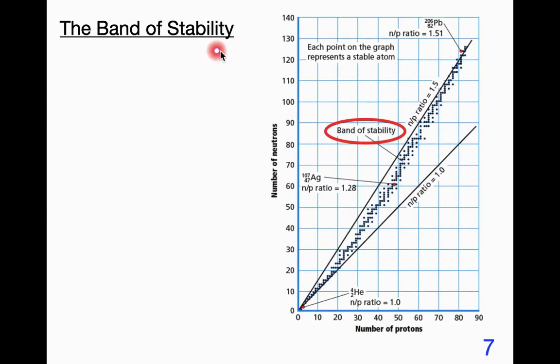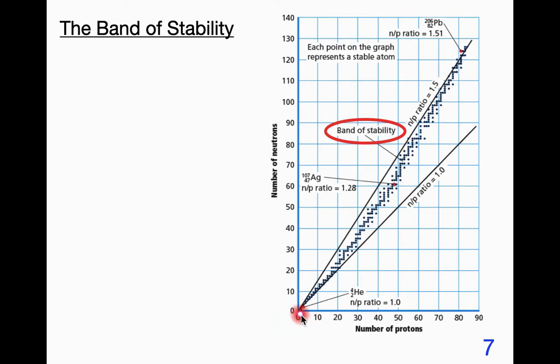The band of stability. All right, now this little diagram here, I would encourage you to try to copy this diagram down in a very simplistic manner. You don't need to draw in any detail. But what it represents, it's the number of neutrons plotted against the number of protons. And so as you go across the x-axis here, you're simply going across the periodic table, going across and down as the atomic numbers increase.